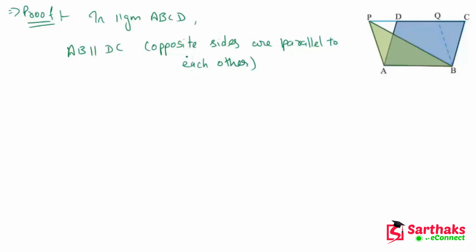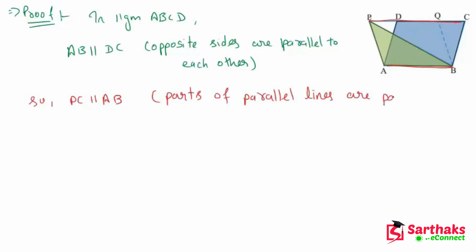Okay, got it. So now we can say that PC is also parallel to AB, because parts of parallel lines are parallel.